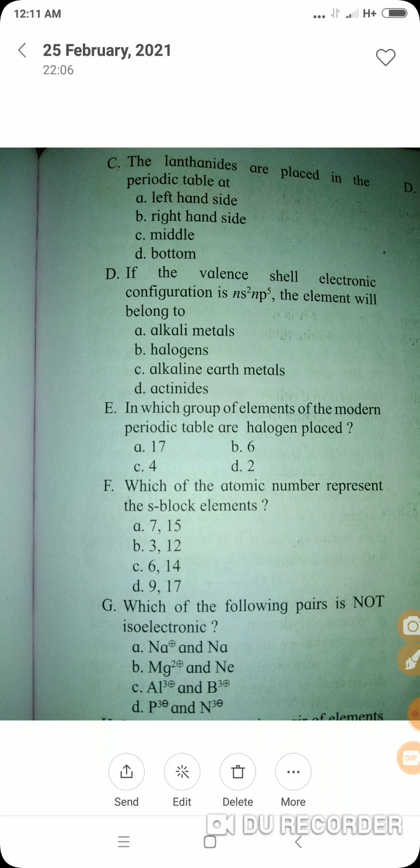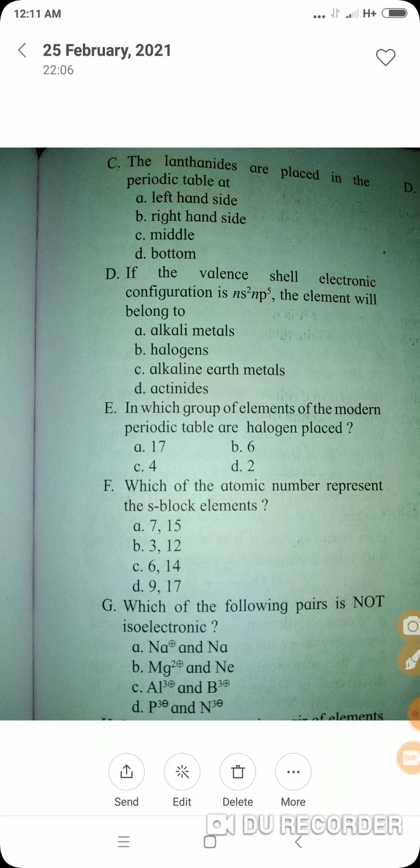In period number 6 and group number 3, the box shows lanthanides. The lanthanides contain a series of 14 elements, and actinides also contain a series of 14 elements, and all these elements cannot be shown in one box. So the lanthanide and actinide series are placed at the bottom of the periodic table. So the last option, D, the bottom, is the correct option.